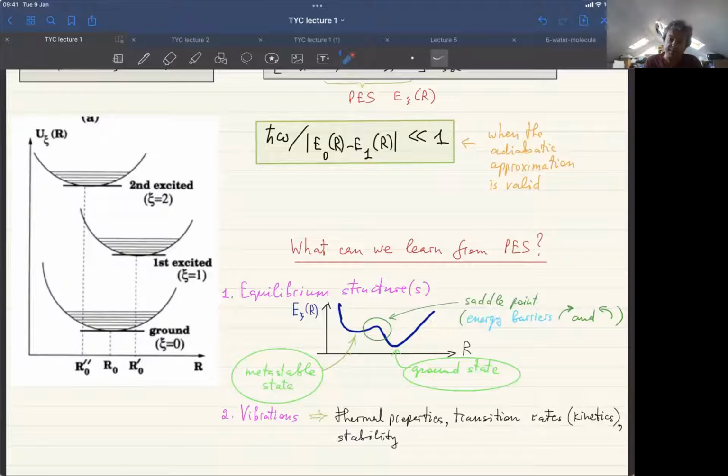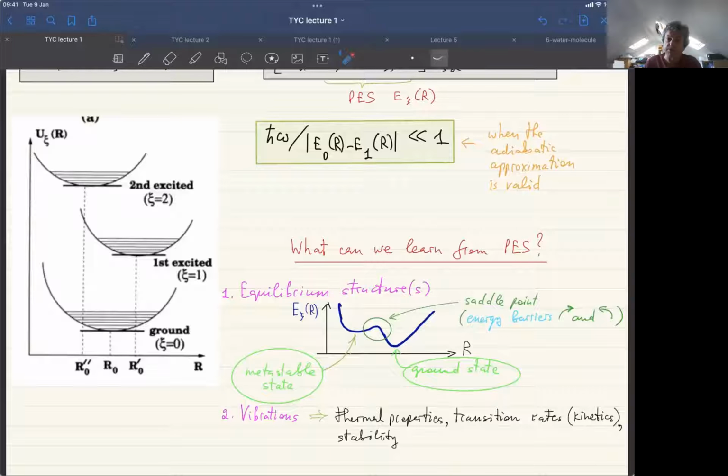So by studying the potential energy surface, we get not only the positions, capital R, where atoms are for the ground state and various metastable states, we also have information about the energy barriers which are required to overcome when going from one state to the other.